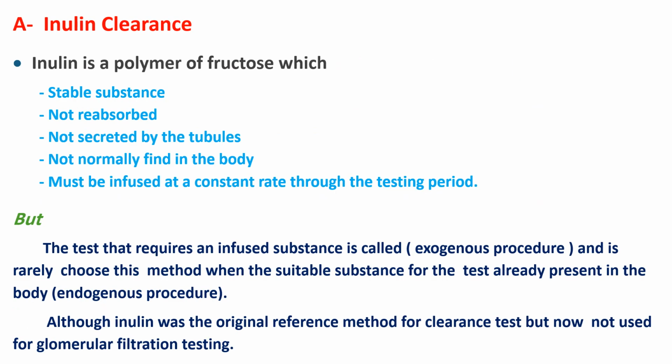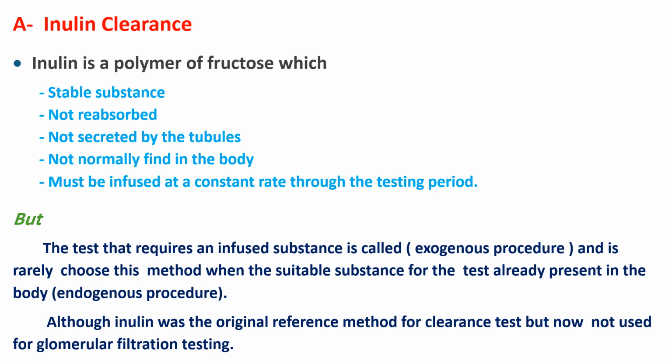Inulin clearance. Inulin is a polymer of fructose, which is a suitable substance: not reabsorbed, not secreted by the tubules, and not normally found in the body. It must be infused at a constant rate through the test period.